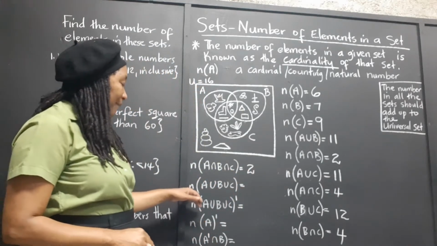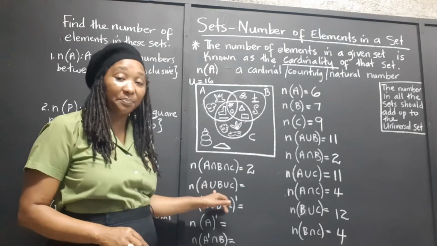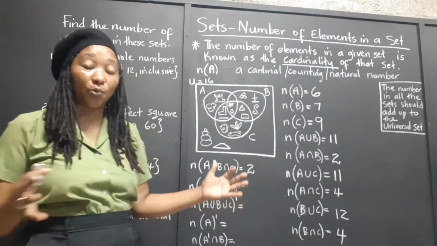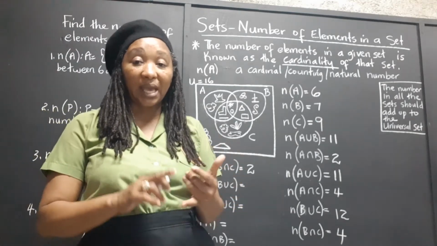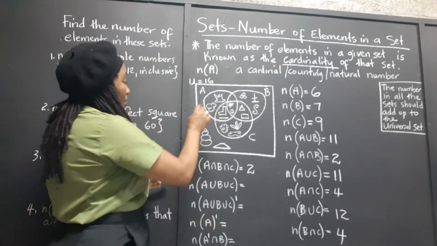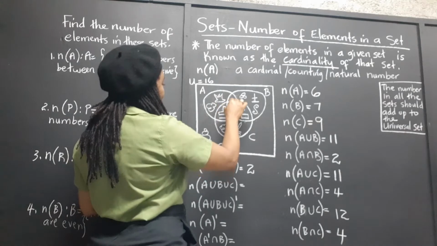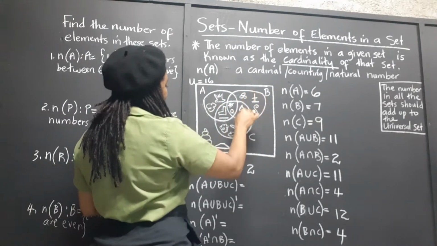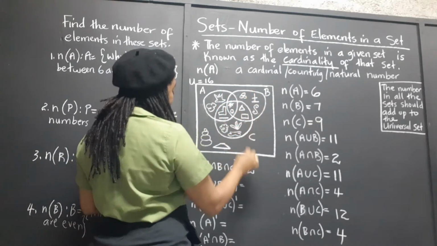The number of elements in A union B union C. So we're going to combine A, B, and C. 1, 2, 3, 4, 5, 6, 7, 8, 9, 10, 11, 12, 13, 14.